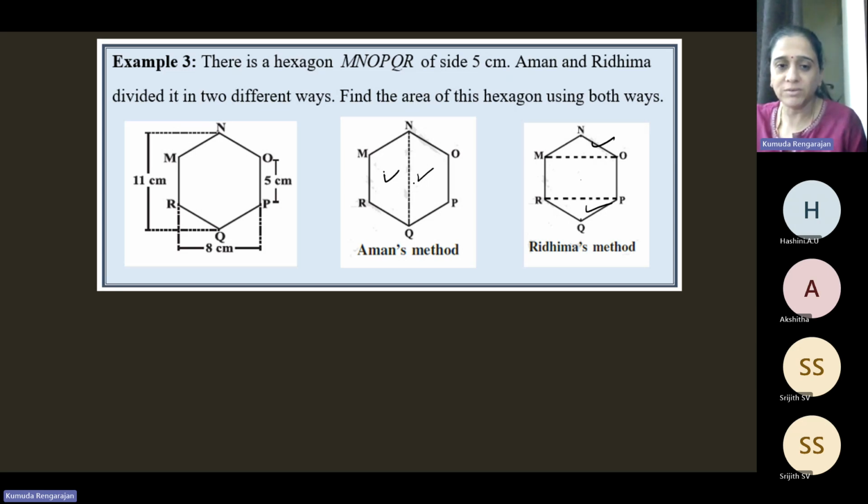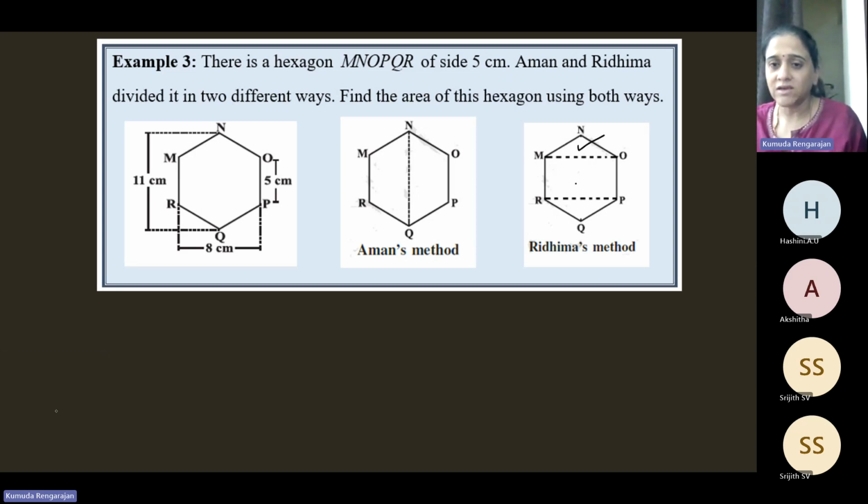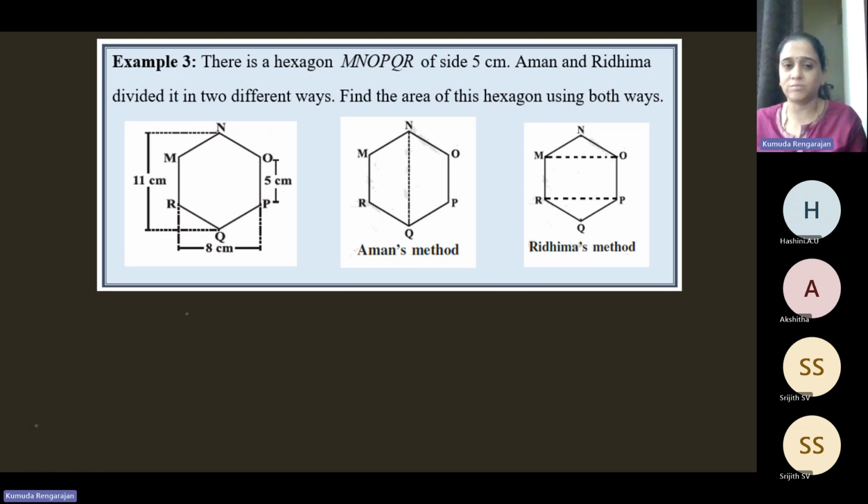He'll find the area of this trapezium, add both, and he'll find the area of the regular hexagon. And Ridhima will find the area of this triangle, this rectangle, and this triangle, and add all the 3. Now both Aman and Ridhima should get the same answer. Should and will get the same answer. Right?